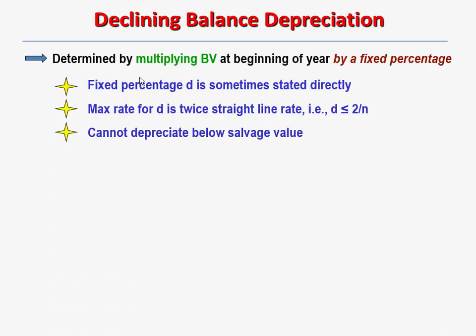I'll show you the formulas for each. One of the rules is that the depreciation rate can't be any more than double the straight line depreciation rate. And also, there's no such thing as depreciation so much that the overall value goes lower than the final salvage value. So here is the formula for how you calculate the depreciation in a given year, T.